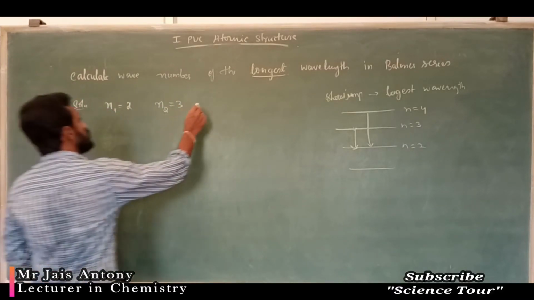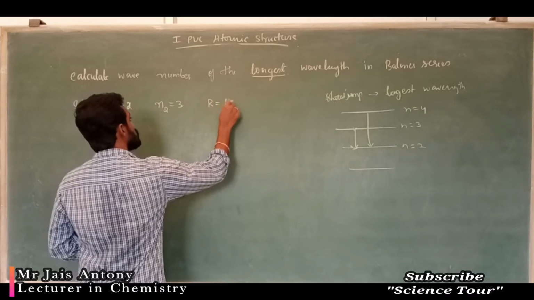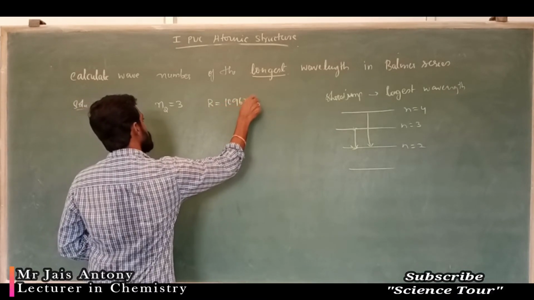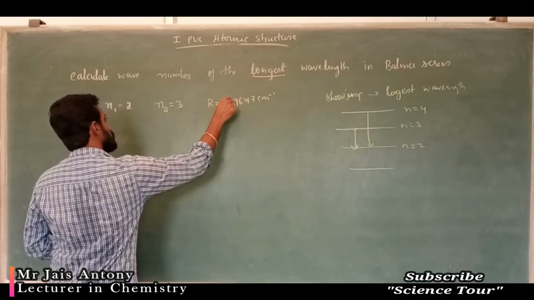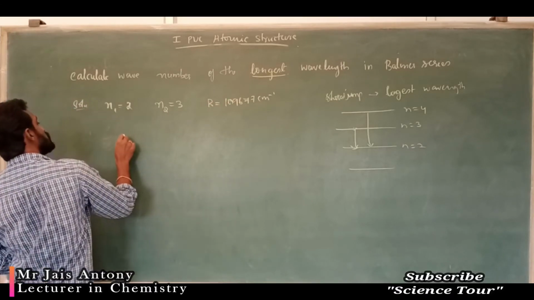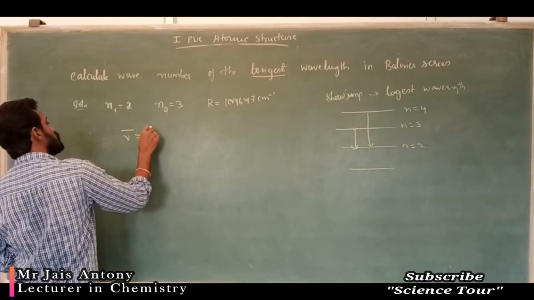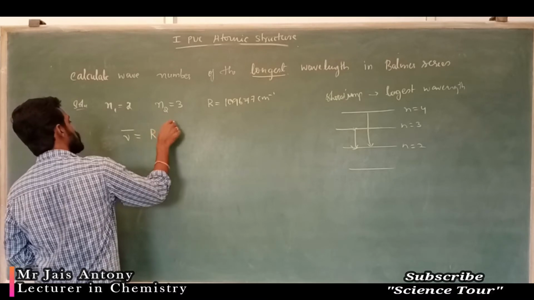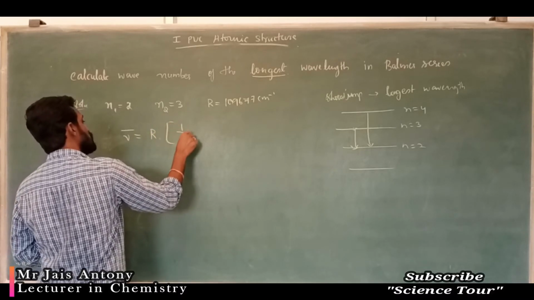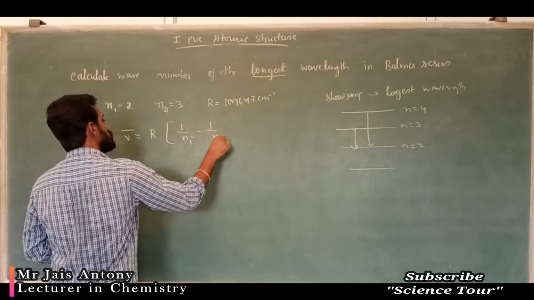And the R value we know: R is equal to 109677 centimeter inverse. The formula for wave number is equal to RH, the Rydberg constant, into 1 by n1 square minus 1 by n2 square.